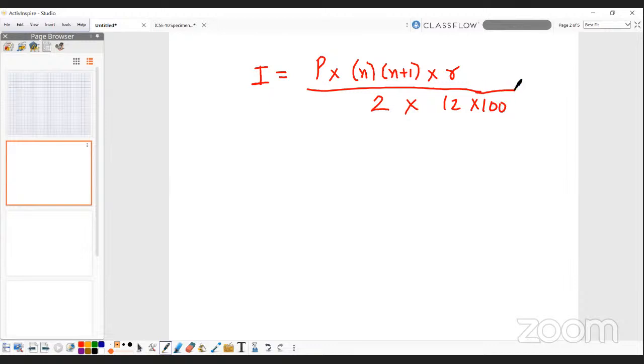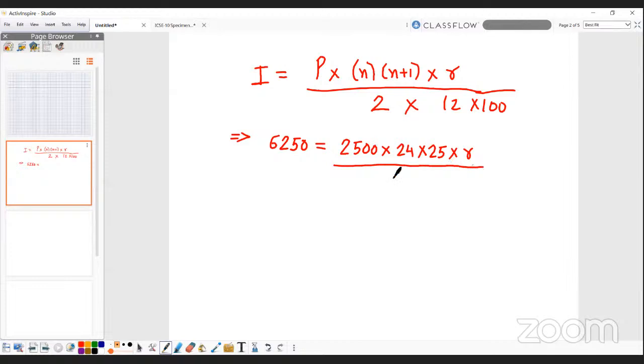So let's calculate it. We have to find R. Interest is 6250. Value of P is 2,500 into 24 into 25 into R upon 2 into 12 into 100.